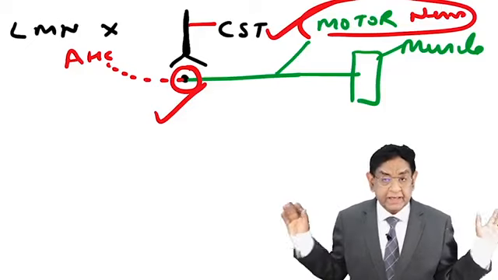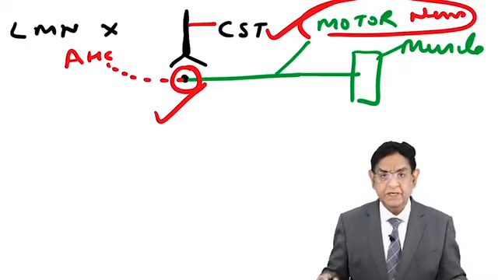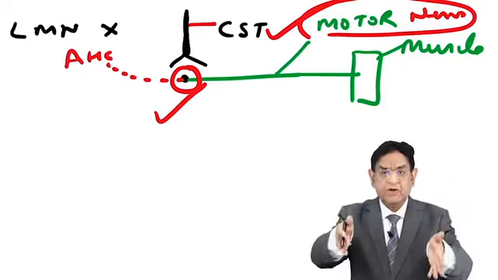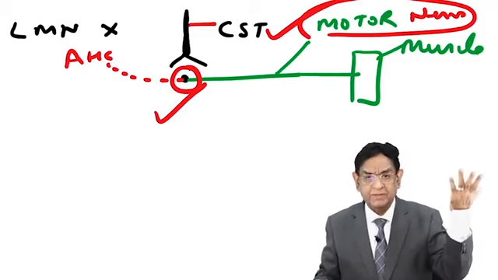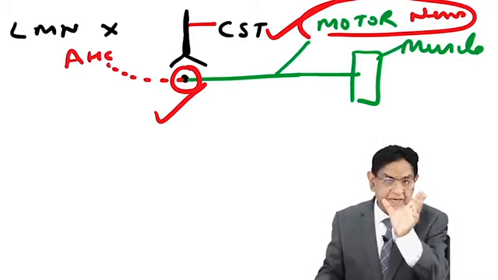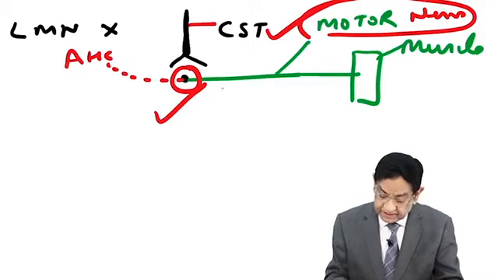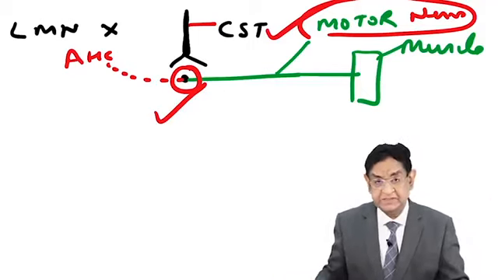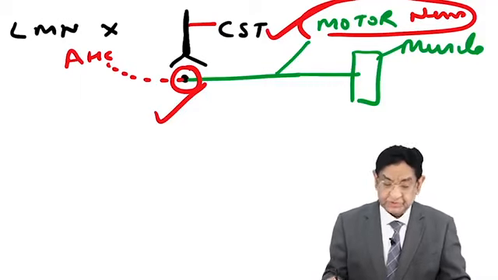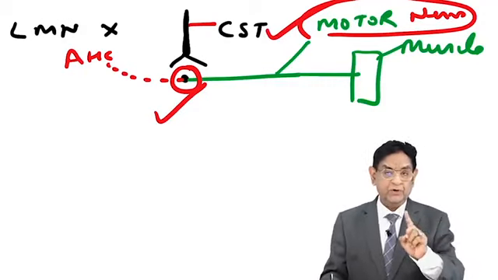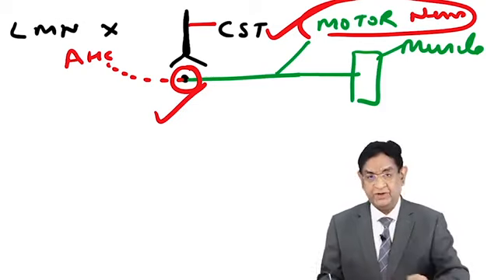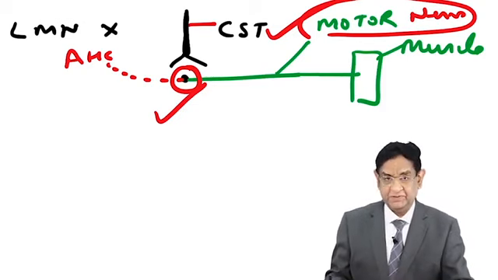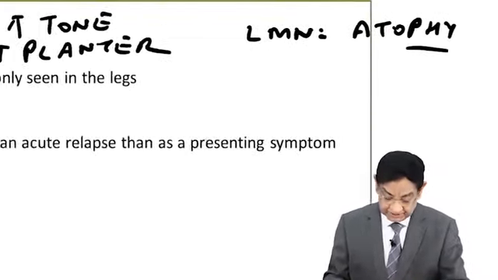But in case of multiple sclerosis, the problem is in the corticospinal tract or above. That means demyelination occurs in the central nervous system. So that's why lower motor neuron palsy is not a feature of multiple sclerosis. Very, very important point.